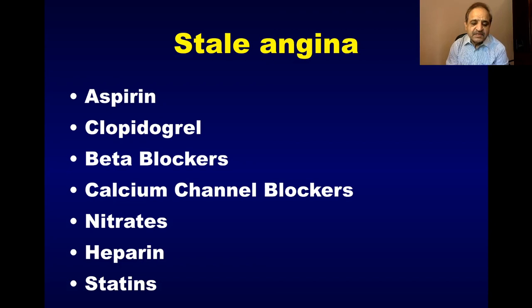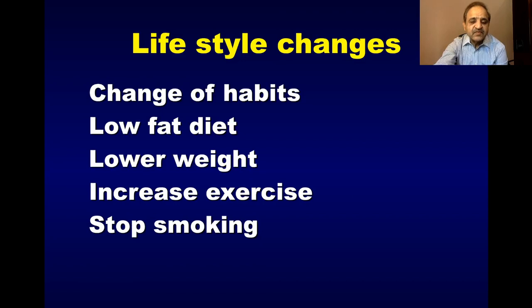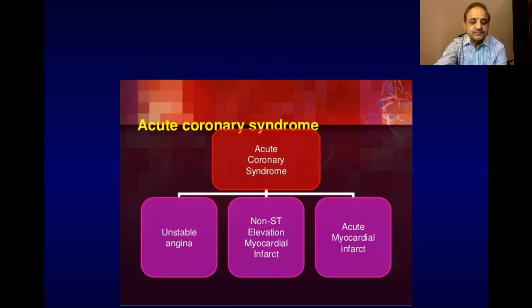Almost each and every patient of ischemic heart disease should be on statins like rosuvastatin or atorvastatin. This is your prescription when you discharge the patient of ischemic heart disease. Then, of course, you advise your patient on changes in lifestyle, low fat diets, lowering his body weight, and he must stop smoking.